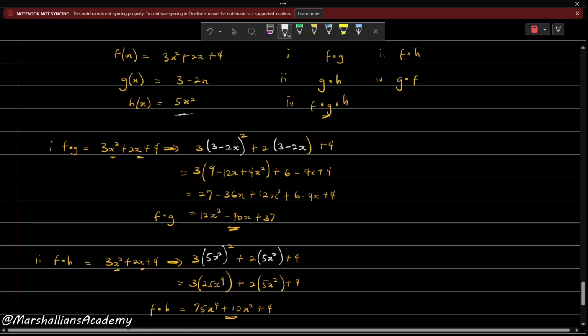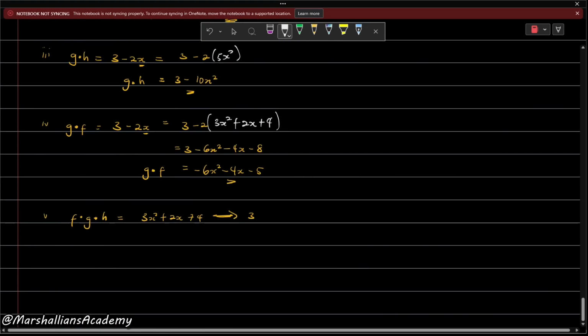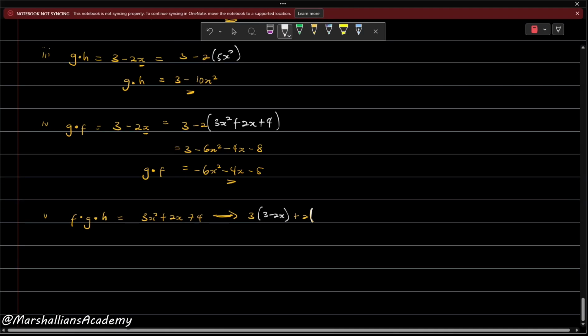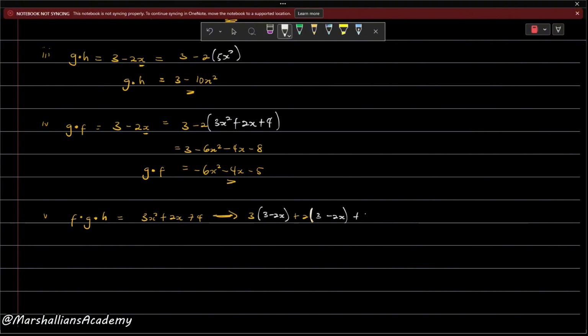Let's confirm: 3 minus 2x. 3 into brackets, 3 minus 2x, plus 2 into brackets 3 minus 2x, plus 4. Yeah, this is squared, please. Don't forget that, because it's 3x squared. And we are still not done.